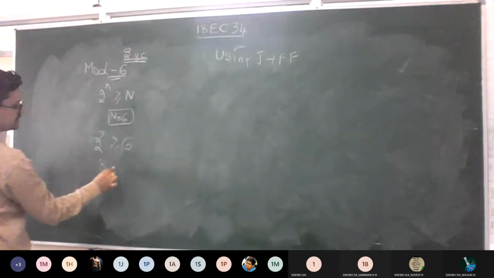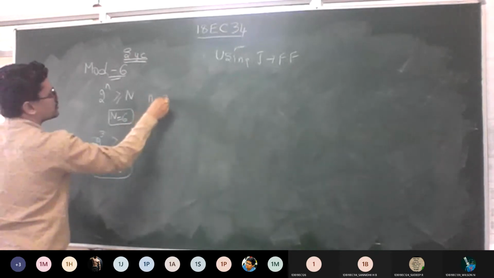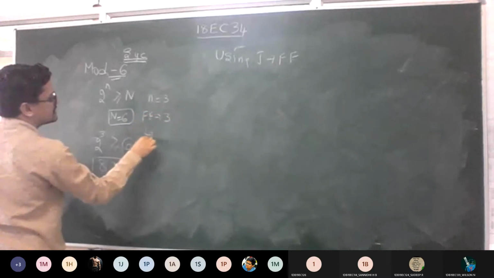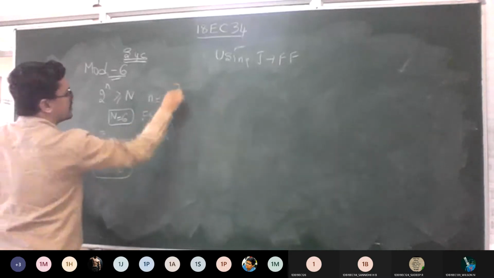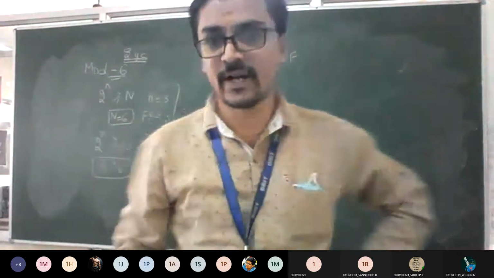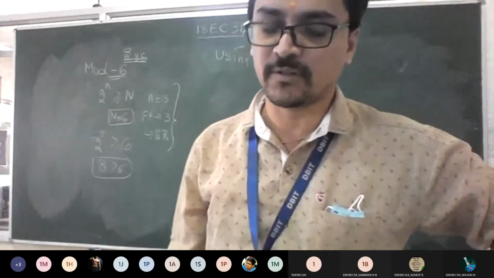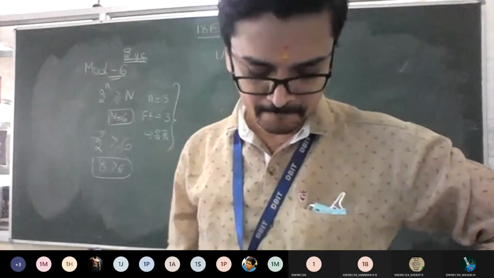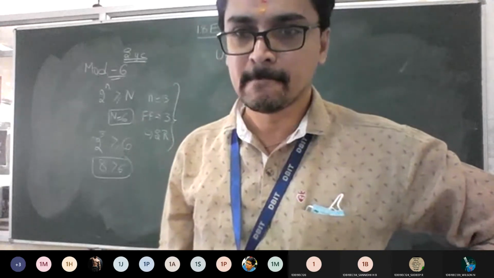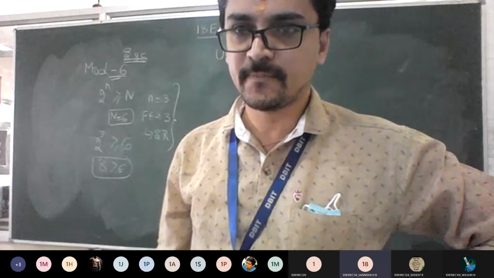So it means 8, which is greater than 6. So we can prove n is equal to 3. So the number of flip-flops required is 3 and the type is SR. So these are your first two steps. Step 1 is to count the number of flip-flops required, and step 2 is what type of flip-flops you want. Is it fine till here? Everyone, is it fine? Shall we proceed? Yes, sir.